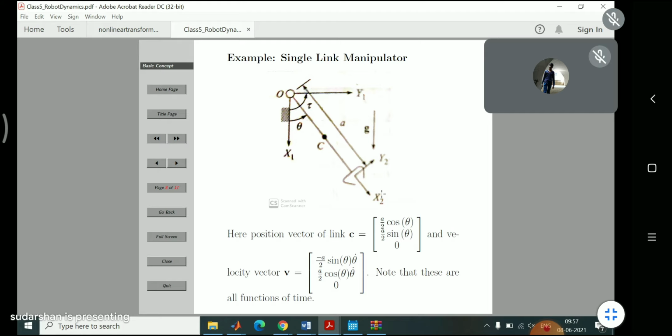That is, the x position is A/2 cos theta, the y position is A/2 sin theta, and 0 along the z direction. It is rotating around the z axis, and the velocity vector is the derivative of this with respect to time: minus A/2 sin theta times theta dot, A/2 cos theta times theta dot. These are all functions of time.